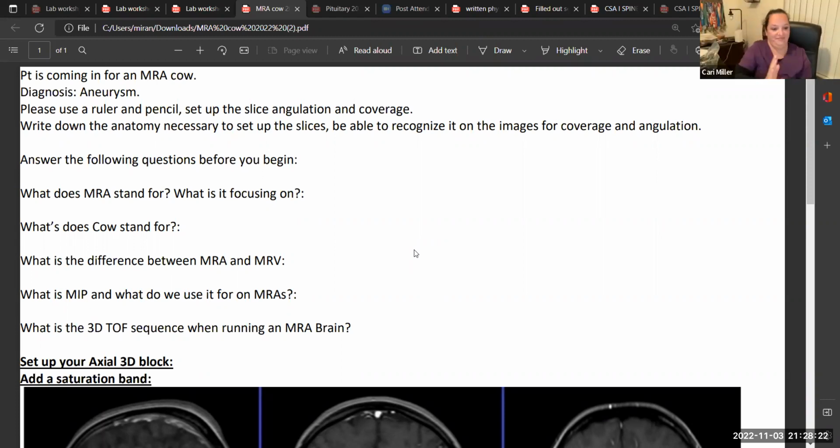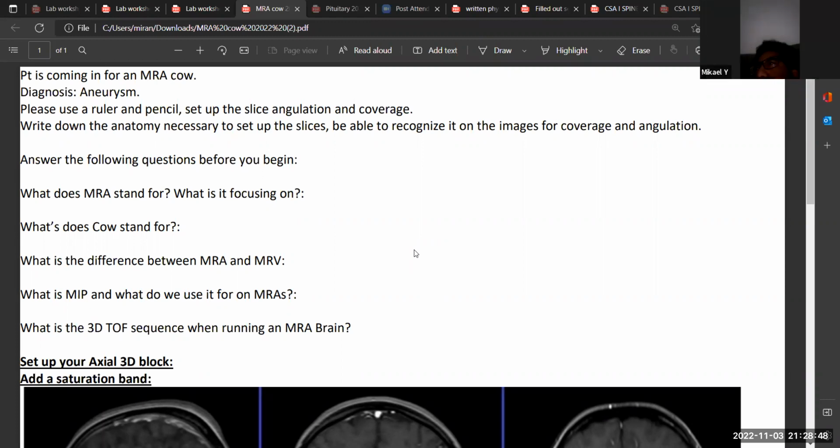Magnetic resonance angiography. So what are we focusing on? Arteries. What does CAL stand for? Circle of Willis. Excellent. What is the difference between an MRA and an MRV? Arteries versus arteries and the veins. Perfect.